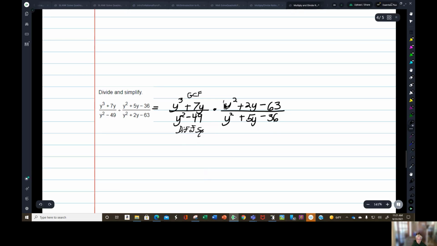Now, both of these are trinomials in which a equals 1. So I'm going to factor both of these by the a equals 1 method.